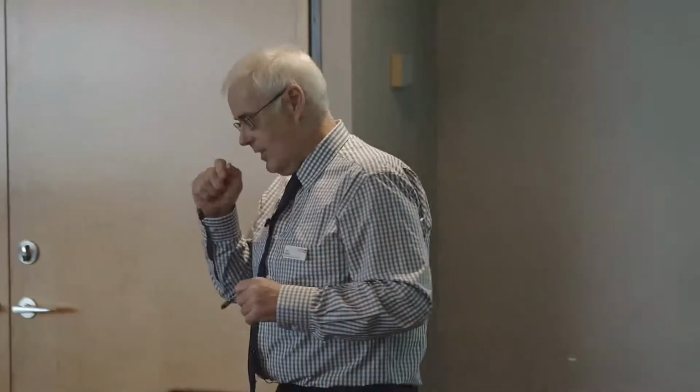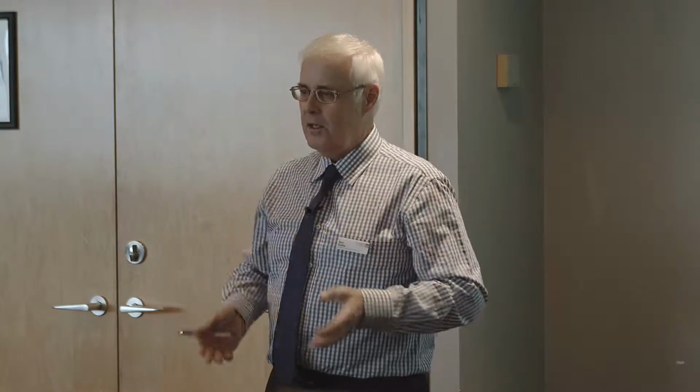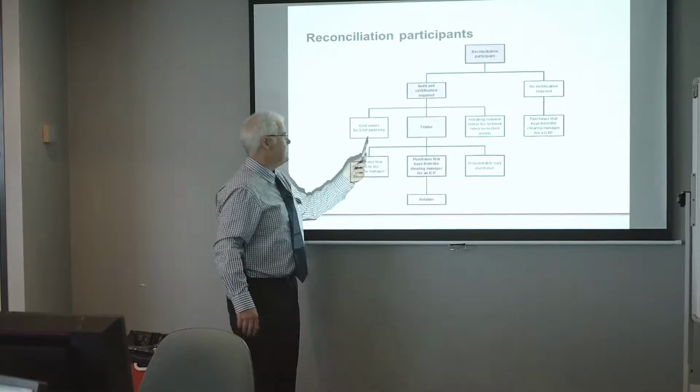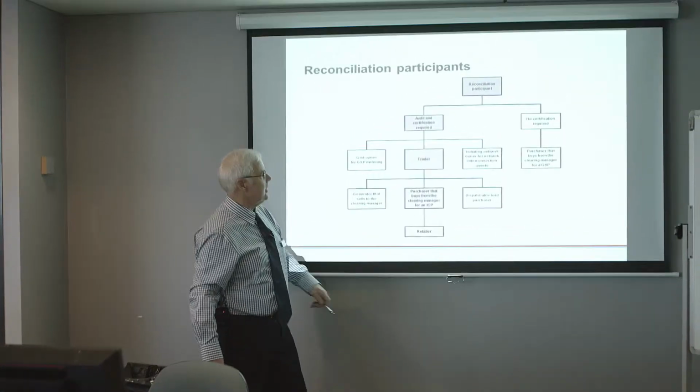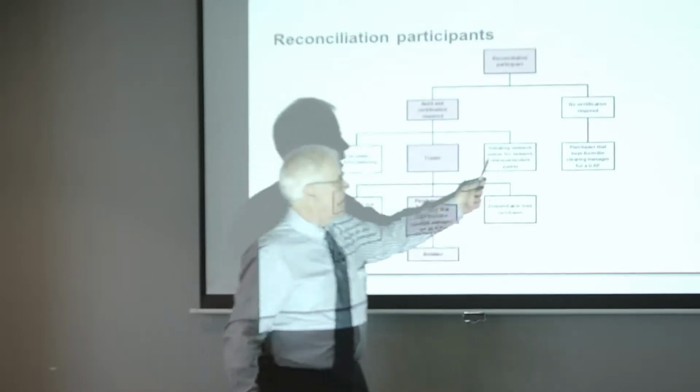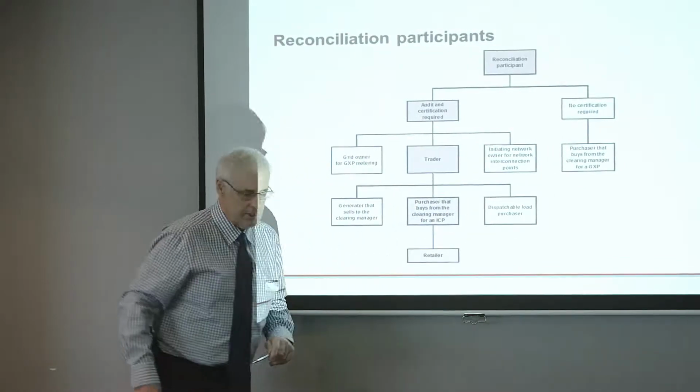So we use the term reconciliation participant, and when you look through the code, there's a whole lot of terms that as you go through, they spread out and spread out and spread out. And in the code, we'll use the term reconciliation participant. And reconciliation participant, I've just shown here, basically means it's a trader, it's the grid owner for GXP metering, it's the owner of a network interconnection point, and it's a purchaser that buys from the clearing manager.